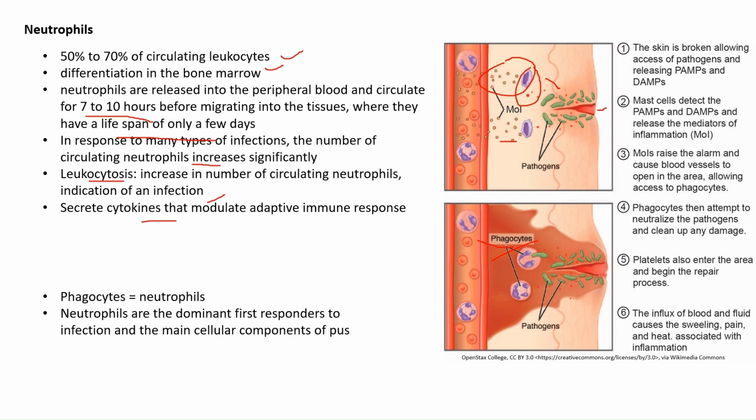So these are not the very first, but these are the dominant first responders. They are mainly responsible to kill the pathogens, and they are the main cellular component of pus. So remember, neutrophils are our innate immunity cells, they are phagocytic in nature, and they are the dominant first responders of infections.